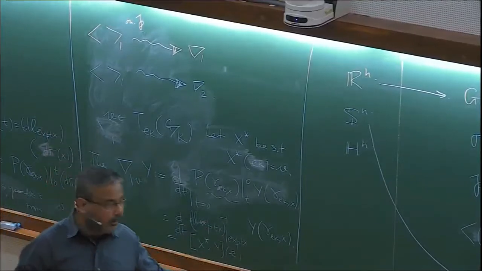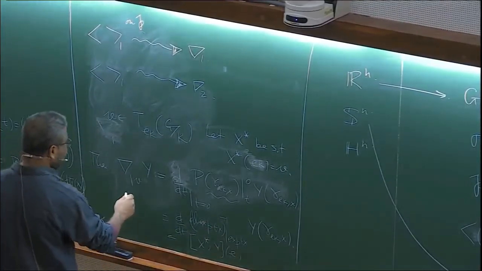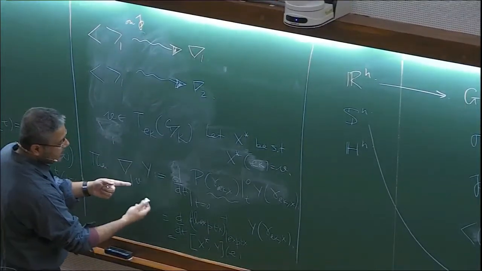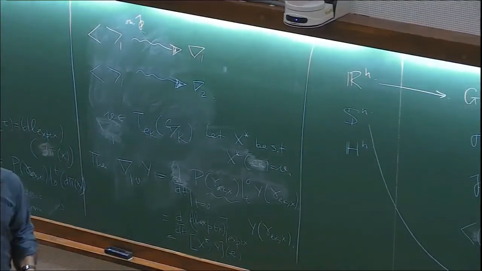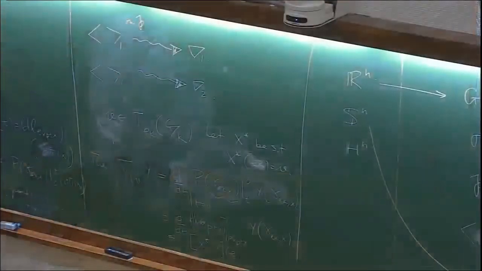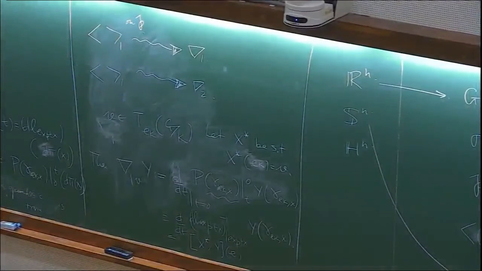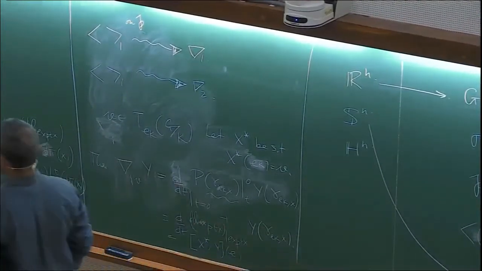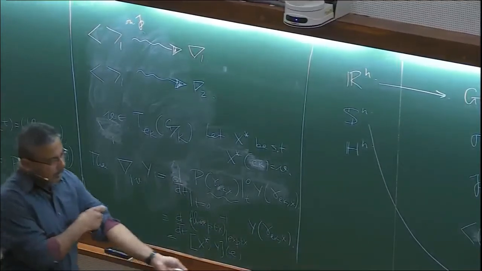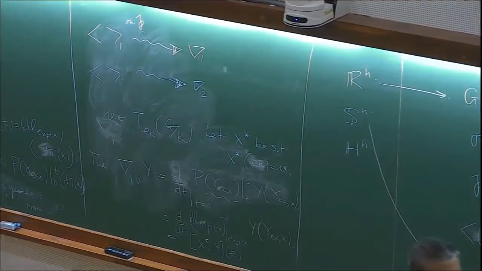So at the point identity, I have shown you that the value of the connection is the same as the Lie derivative, and so it agrees at identity. And since my left translations are isometries, these are affine maps. So these two connections agree everywhere. So this is a very important fact that whatever metric you choose, you will end up getting the same connection. So the geometry remains the same.